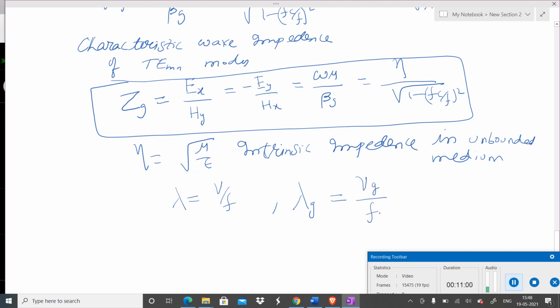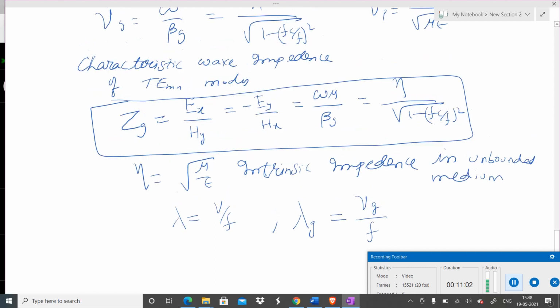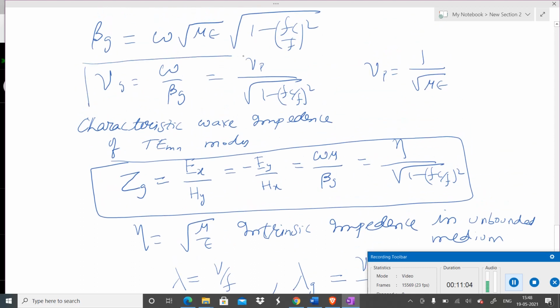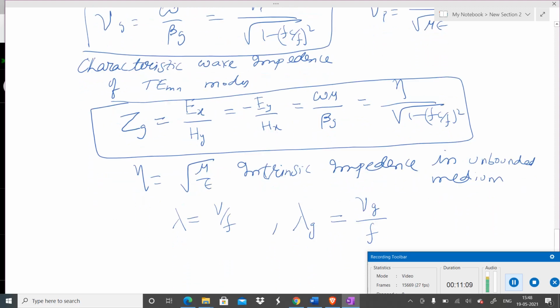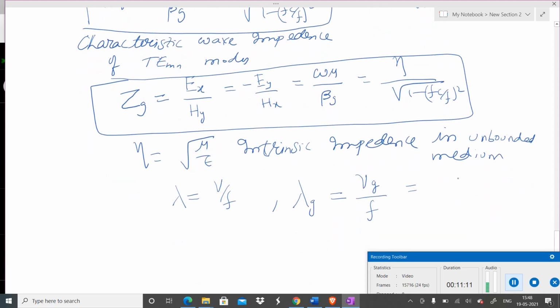We just now wrote what vg is: vg is equal to vp divided by under root of 1 minus (cutoff frequency by frequency) square.